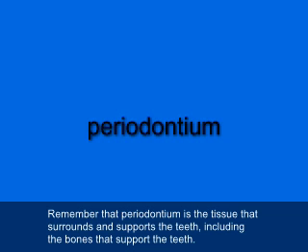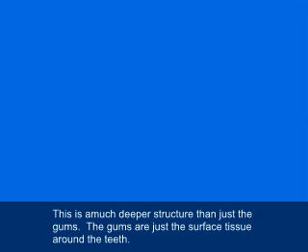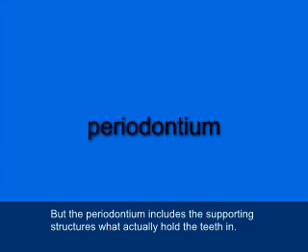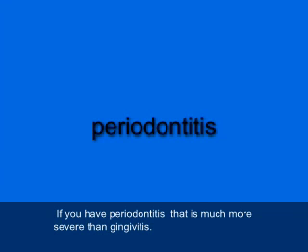And remember, the periodontium is the tissues that surround and support the tooth, including the bones that support the teeth. Okay, this is a much deeper structure than just the gums. The gums are just the surface tissue around the teeth, but the periodontium includes the supporting structures, what actually hold the teeth in. And if you have periodontitis, that is much more severe than gingivitis.